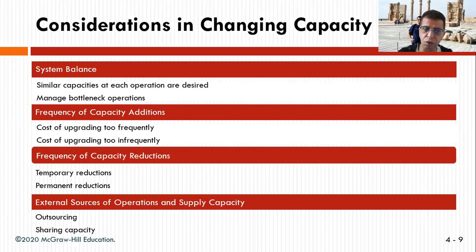So outsourcing is one of the ways to consider, and also sharing capacity. This happens in the hydro case, sharing capacities. A long time ago, I was working on a project in Winnipeg for a hydro station called Conawapa.